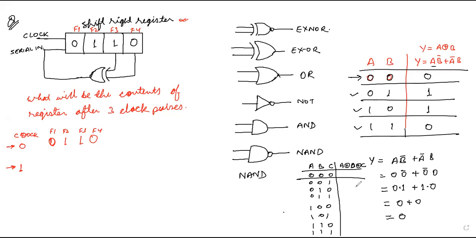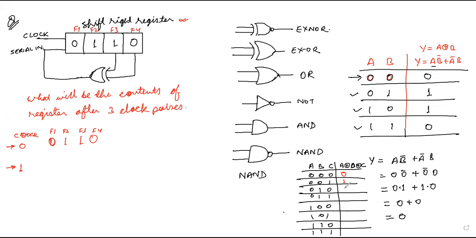So what will be the output? Can anybody tell me what the outputs should be? What will the first output be? The first output will be 0. The second output will be 1.